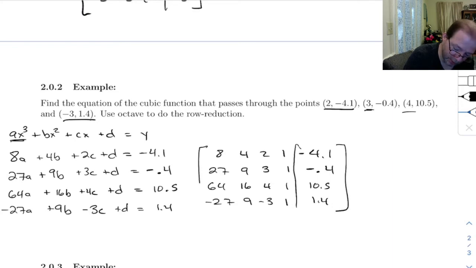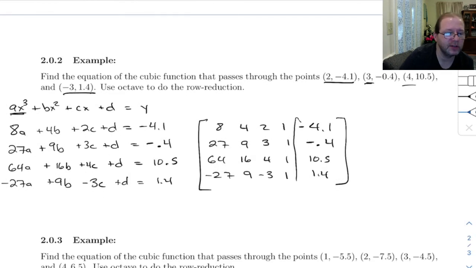And we just have to row reduce this thing. Now, if we did this one by hand, we'd have a little bit of an advantage here because we could use this 27 to zero that one out, but it wouldn't be fun. So let's just put this in using Octave.